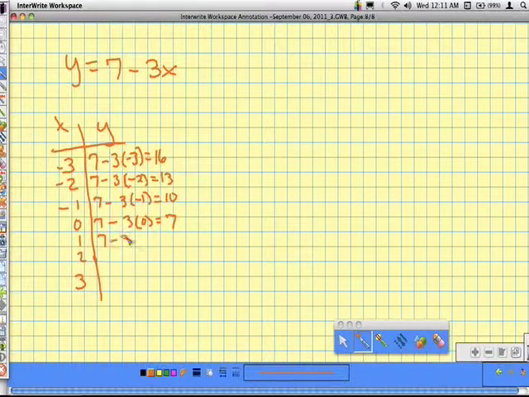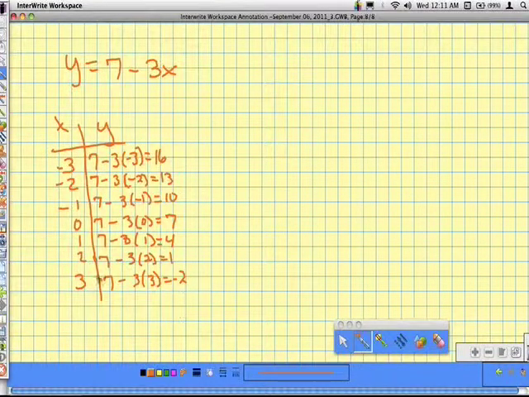Plug 2 in, we're going to get 1. Then plug 3 in, we're going to get negative 2. So these would be our values, our x and our y, x and y, x and y, and so on. So that gives us enough values that we can take this now and we can go and plot our points.